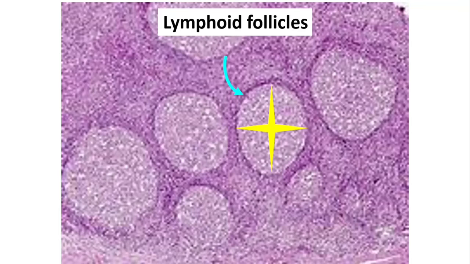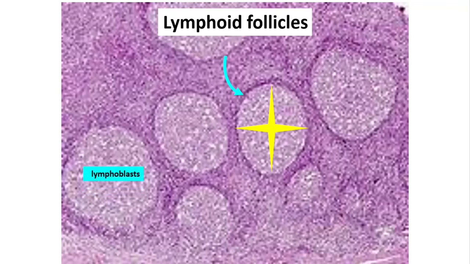This lymphoid follicle is a primary lymphoid follicle because it has not been stimulated by an antigen or bacteria or any foreign material. These lymphoid follicles are present in so many tissues.